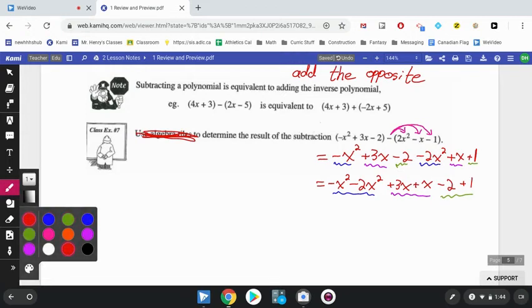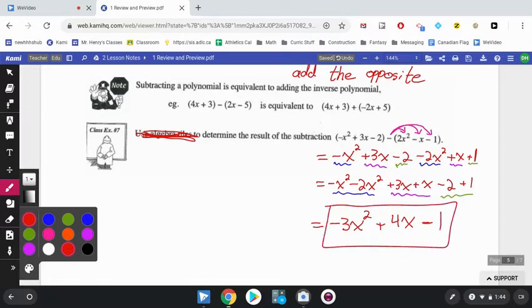Alrighty. Negative x squared minus 2x squared. You lost one of something, you lost 2 more. Altogether, you lost 3 of those x squareds. Plus 3x plus x. I have 3 of something, I get 1 more. I have 4 x's. And the constants, you lost $2, negative 2, but then you gained 1 back. So I would only be at negative 1.